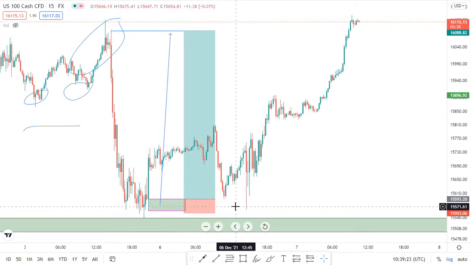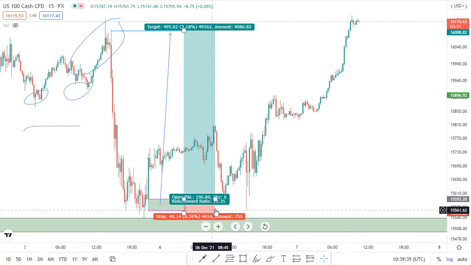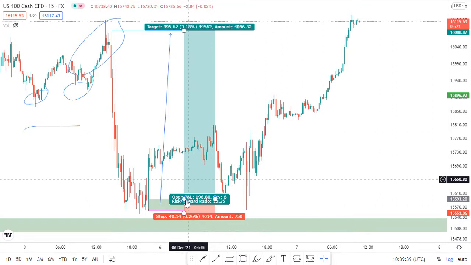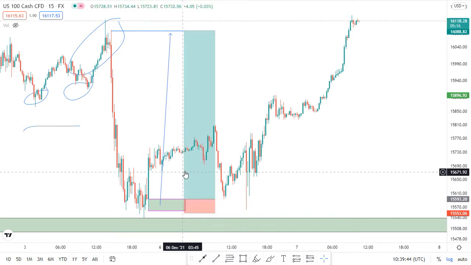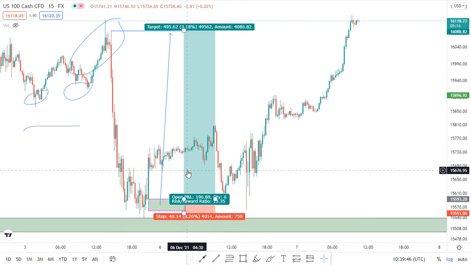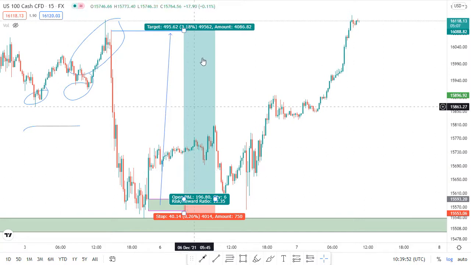This one was too dangerous, and one of my students says he was taken out. I didn't know why, because I told them to place the stop loss below the order block. Some brokers have bad spreads which could make you get taken out. So I don't know what happened.